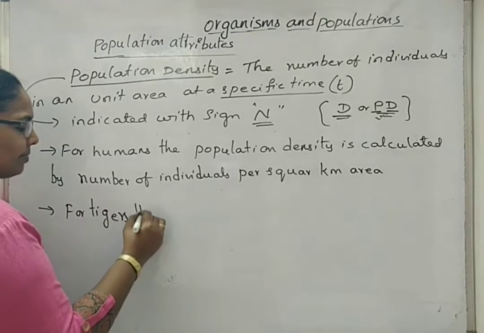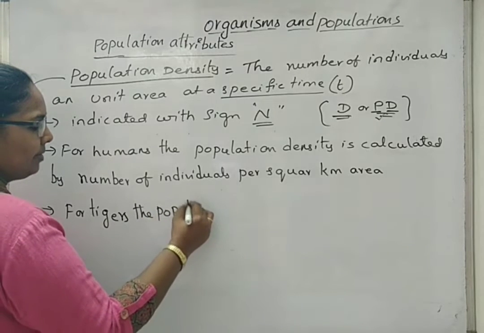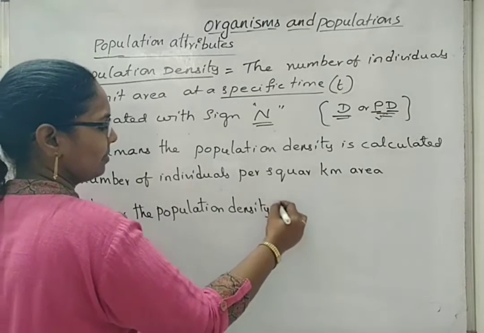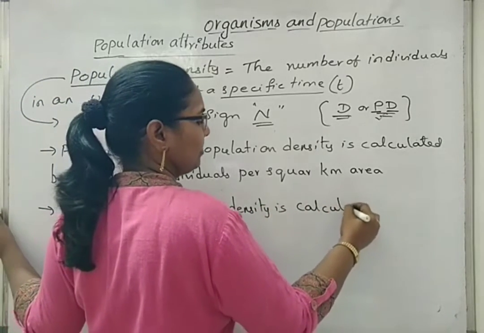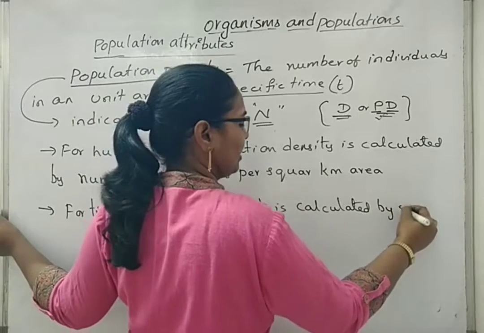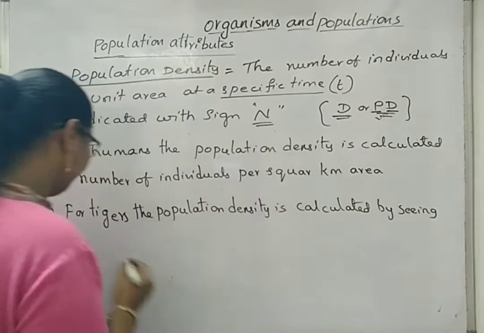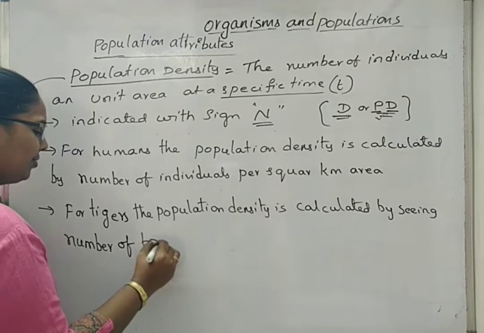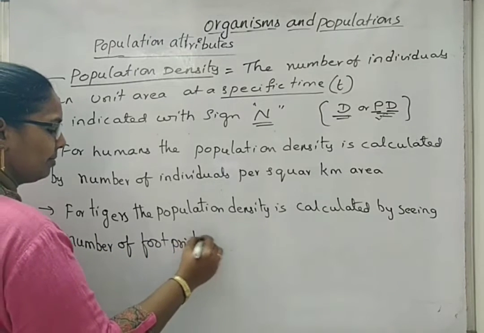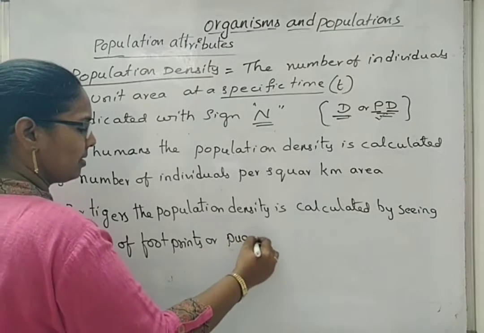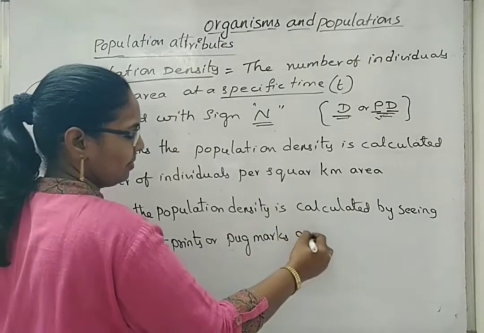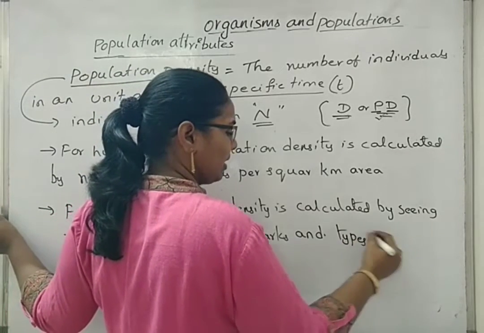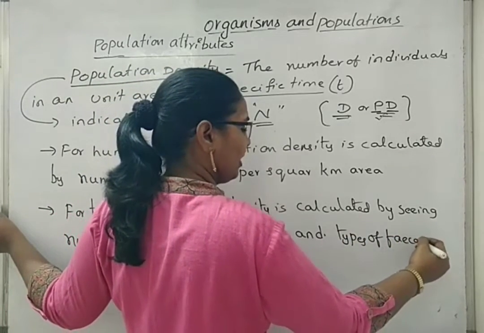For tigers, the population density is calculated by seeing the number of footprints or pug marks and the types of fecal pellets.